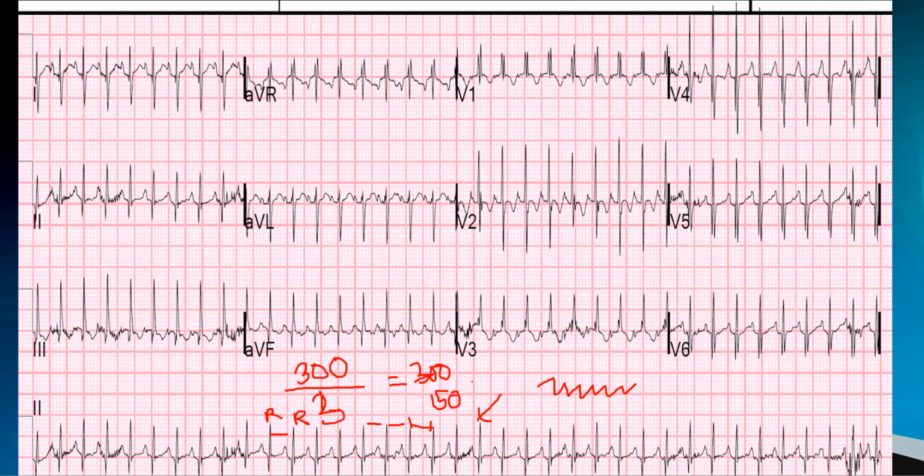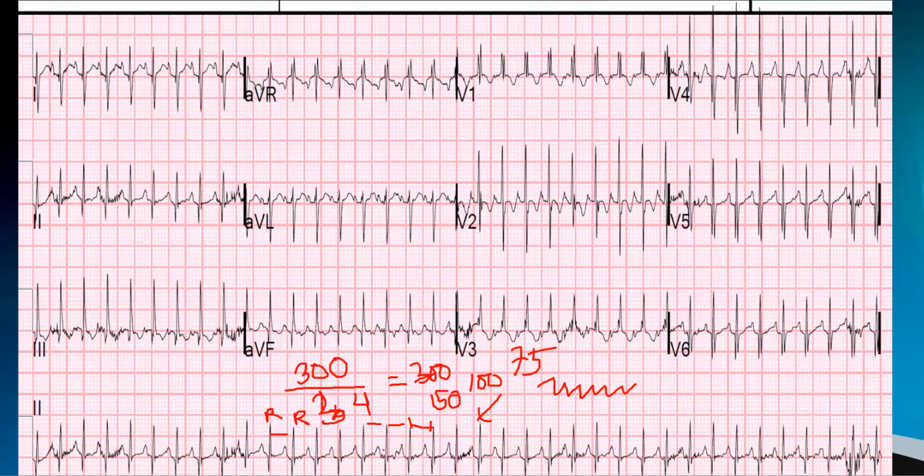If three large squares, the heart rate becomes 100. If four large squares, the heart rate becomes 75. Just remember it this way, because when you want to tell the rate, you don't need to be totally perfect. If you get near it, that's fine. So use this formula in the exam because it will save a lot of time.